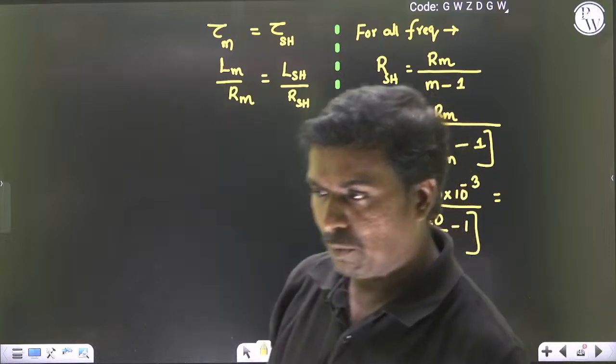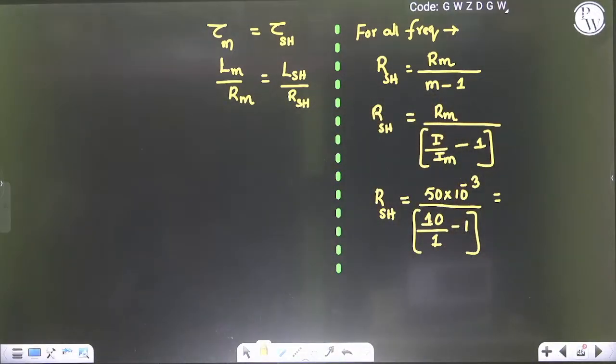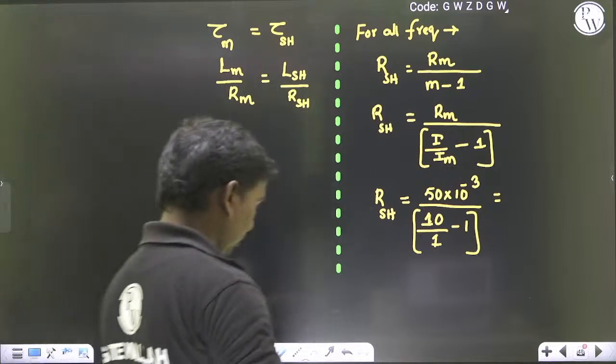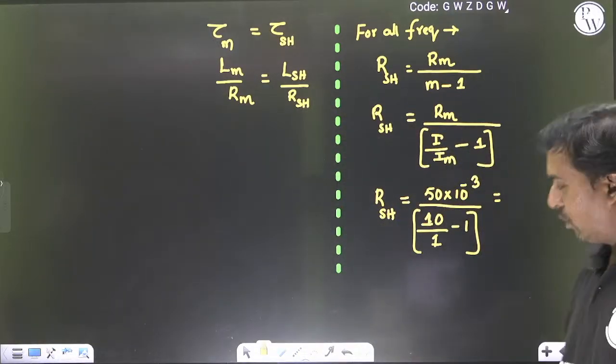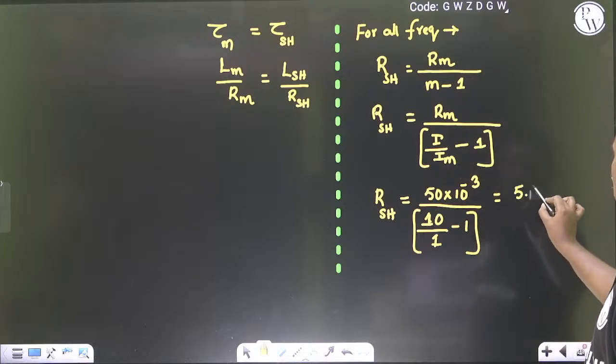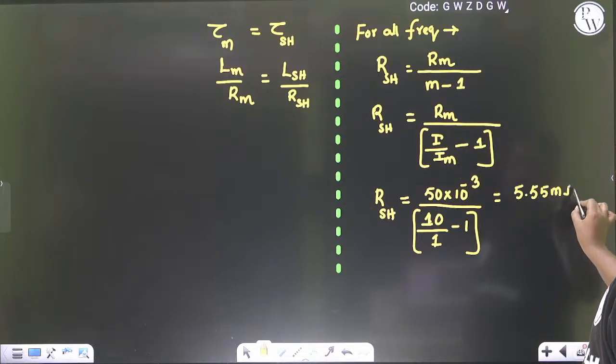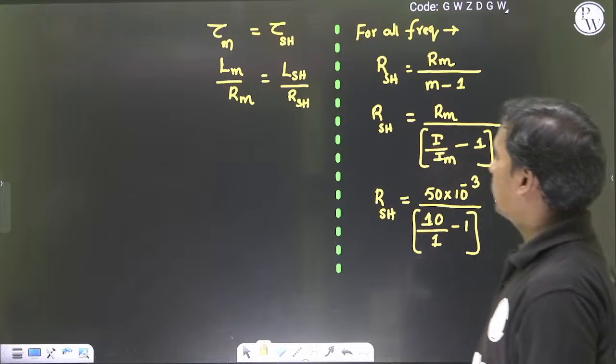Use the calculator and tell me. 50 by 9 is 5.55 milliohms. So we got this.